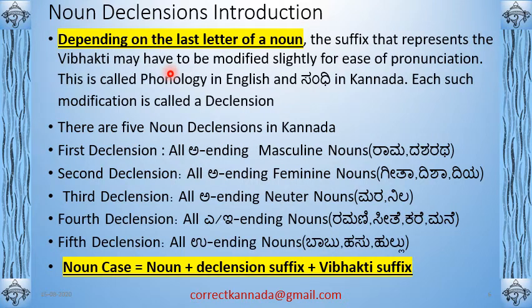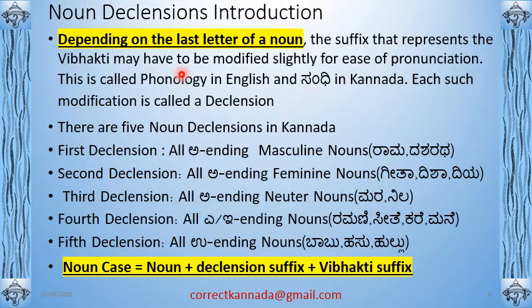Declension is basically nothing but when you're adding suffixes. Like in English, you have individual words for each Vibhakti, whereas in Kannada, as we saw just now, suffixes are just attached to the noun. There are situations where the noun and the suffix won't fit properly because it won't sound properly.